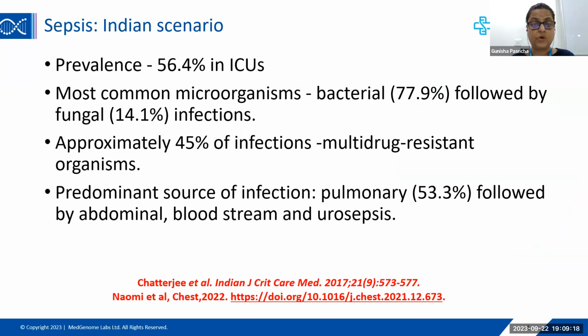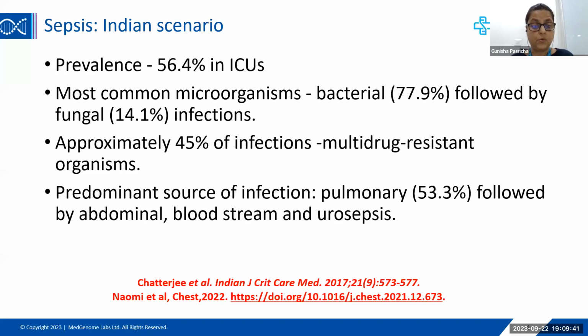The most common organisms are obviously bacteria, followed by fungal, but we should remember we are only talking about cases where either a clinical diagnosis or a blood culture was done, so you will never see viruses in these figures. Approximately 40% of the infections are multi-drug resistant, which is of great concern.